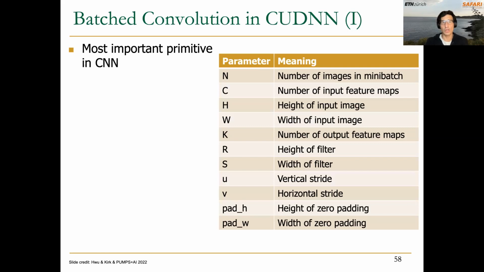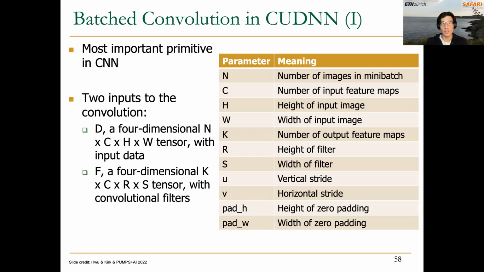Just for a very quick example, let's talk about batch convolution, which is the most important primitive in CNNs. There are 2 inputs for the convolution. One is the tensor with the input data, the input feature maps, and the other one is a tensor with the convolutional filters. In the case of the input feature maps, we are going to compute mini batches.